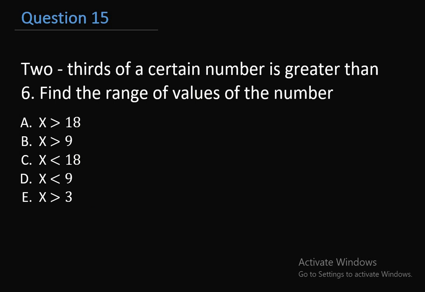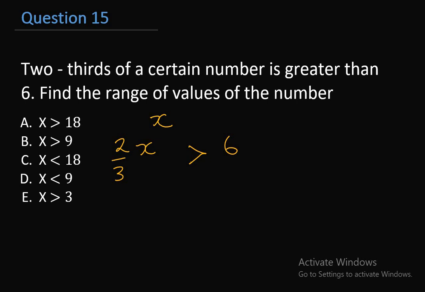Question 15. So this question says, 2/3 of a certain number is greater than 6. Find the range of values of the number. If the number is x, the question says 2/3 of x is greater than 6.